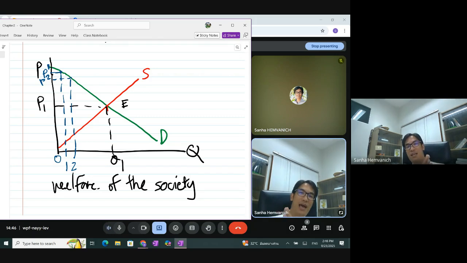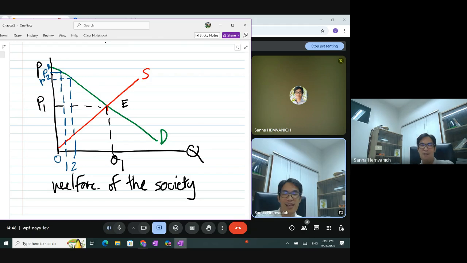So we imagine that as we go along the demand curve, the marginal happiness that you have is going to be lower and lower, and we call that marginal happiness marginal benefit. So we keep giving different names to the same thing, but you have to understand that in the development of economic theory, we started with, for example, utility, and then welfare can be a separate branch of economics.